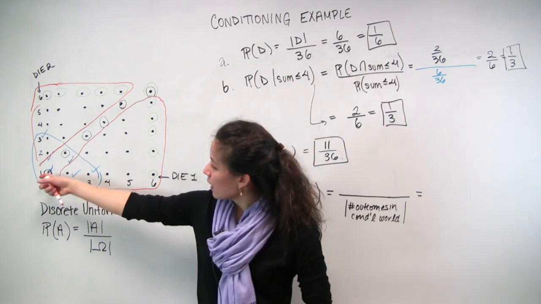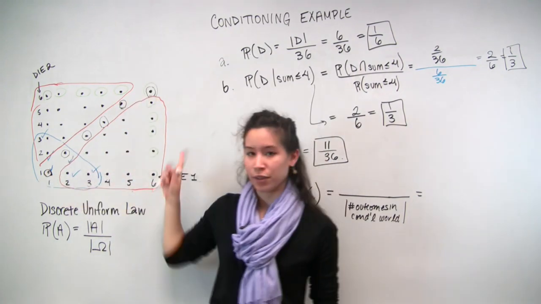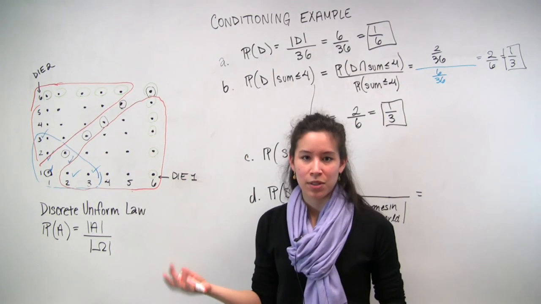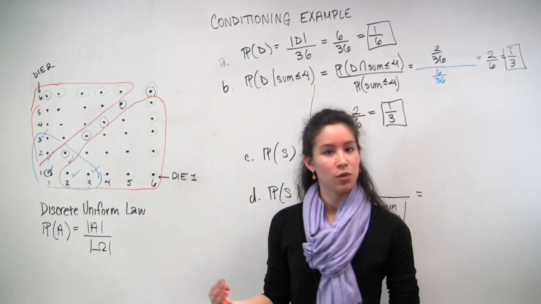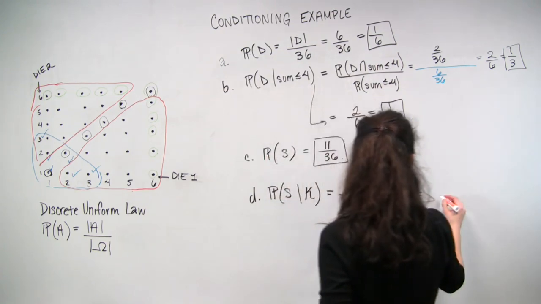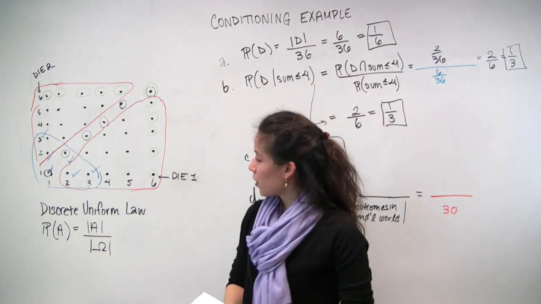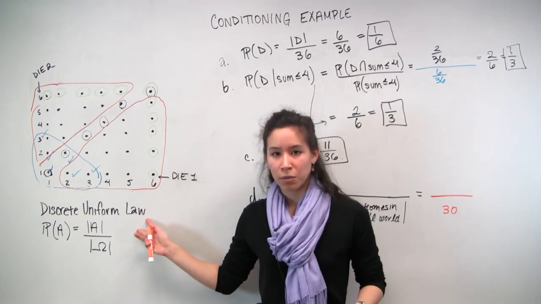So we counted before that there are 6 dots on the diagonal, and we know that there are 36 dots total. So the number of dots, or outcomes to use the proper word, in our conditional world is 36 minus 6, or 30. So we get a 30 on the denominator. And now we're sort of using a conditional version of our discrete uniform law again.